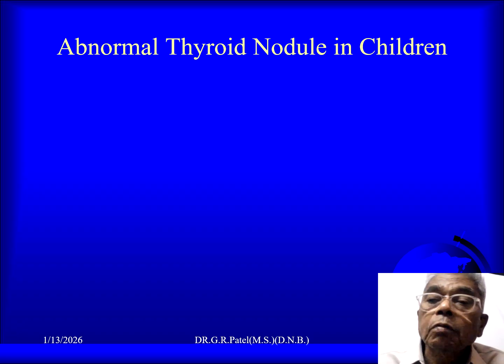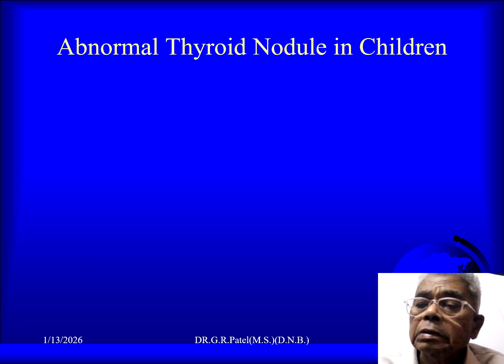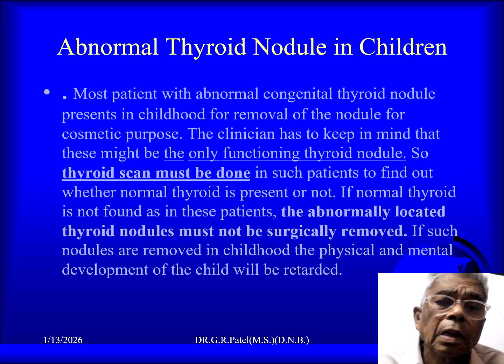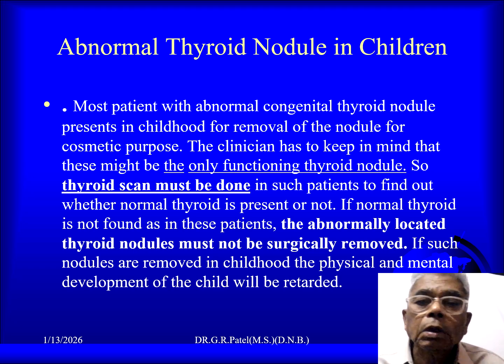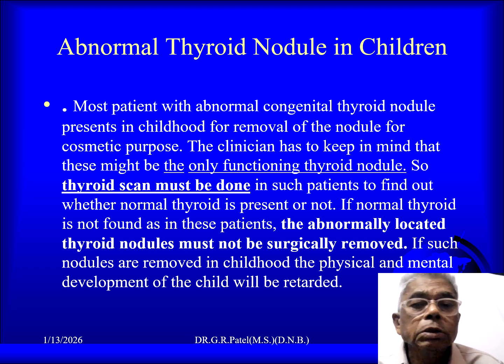Abnormal thyroid nodule in children. Most patients with abnormal congenital thyroid nodule present in childhood for removal of the nodule for cosmetic purpose. The clinician has to keep in mind that this might be the only functioning thyroid nodule.